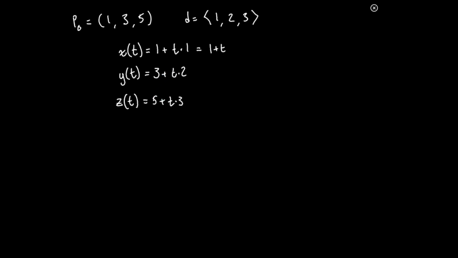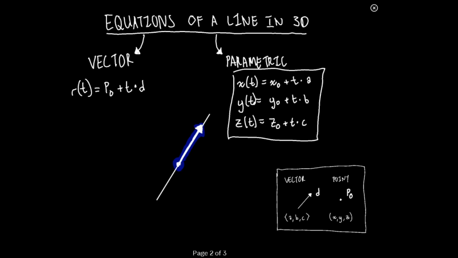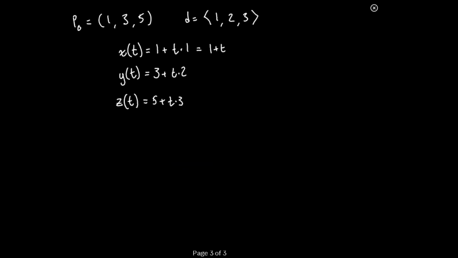And you could be even asked to write it in sort of a vector format. That could look something like this: x of t, comma, y of t, comma, z of t equals, and then it'll ask you to fill in whatever's in here.